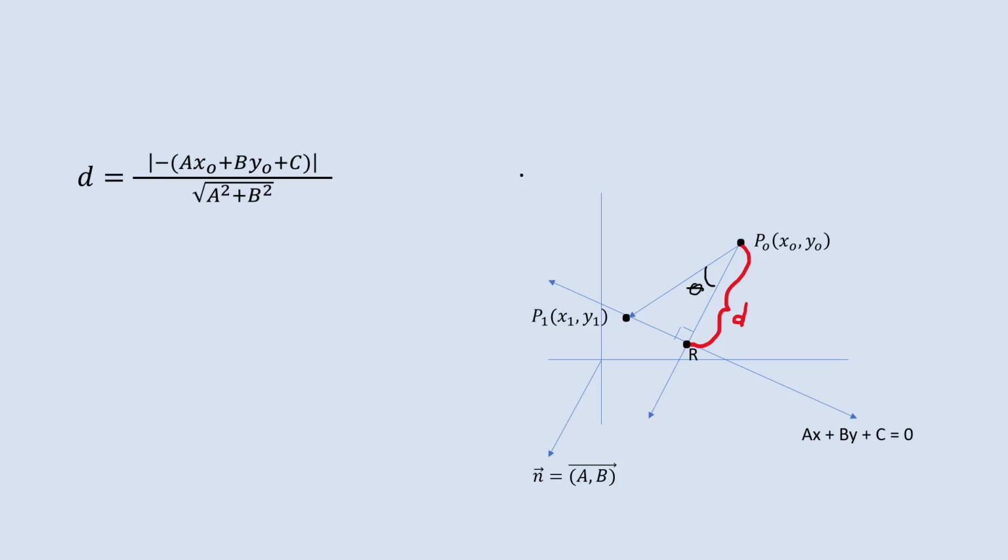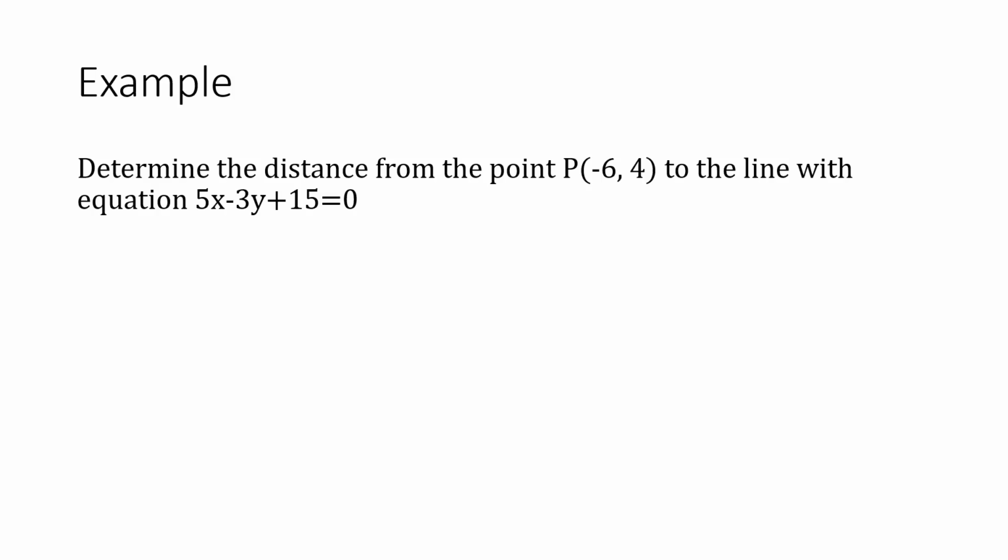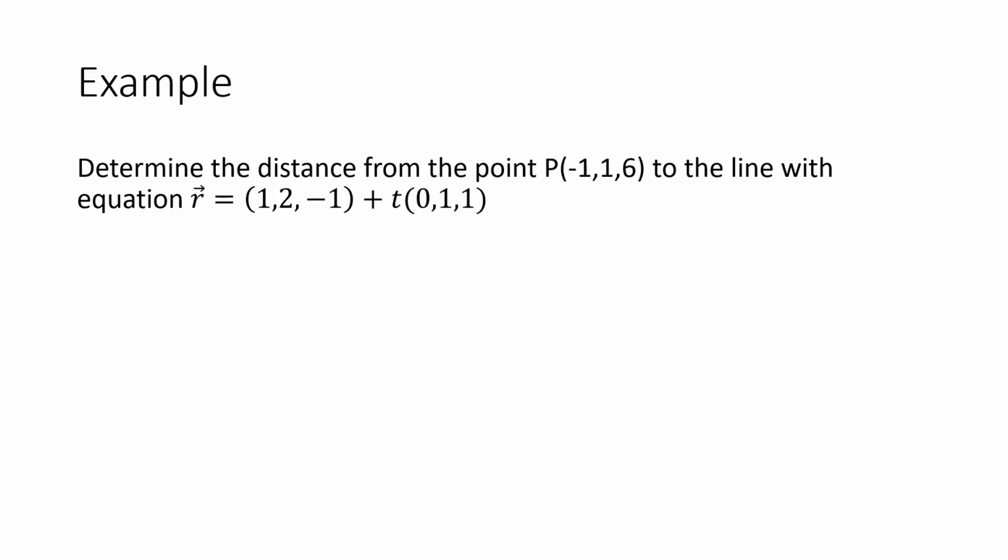Whether the interior of that absolute value is positive or negative, we can take that negative sign out since it's part of an absolute value, and we can say that this is our formula. And so we have a formula for the distance from a point to a line in R2.